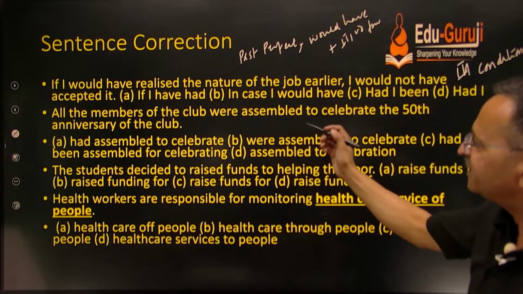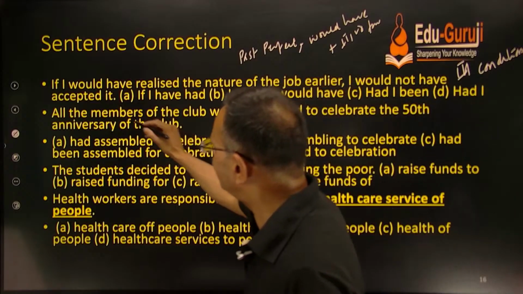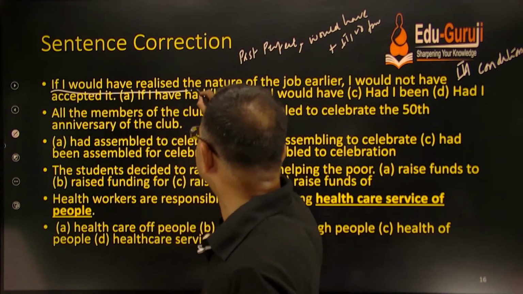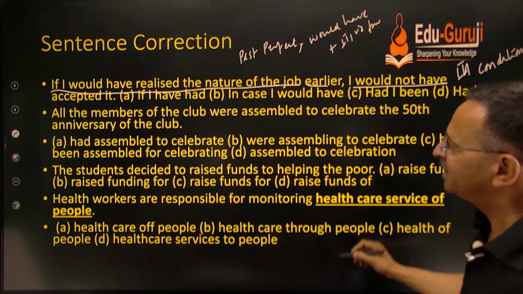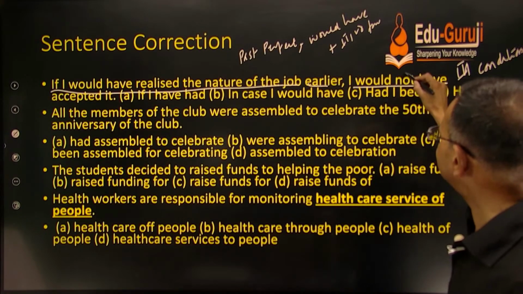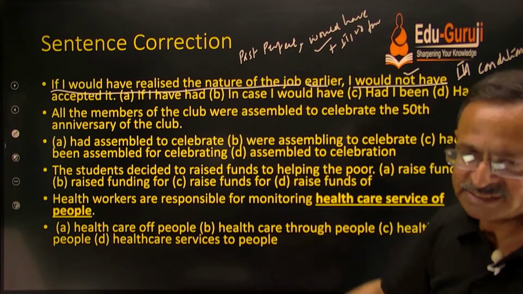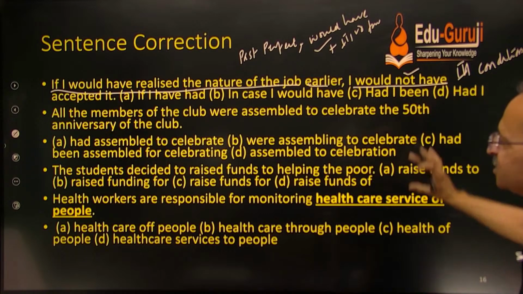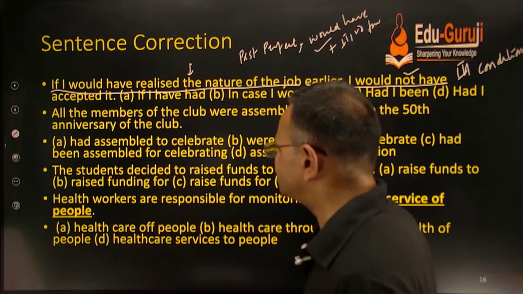So this is a complex sentence. Here they have said, "If I would have realized the nature of the job earlier, I would not have accepted." You can see this part is okay. "Would not have accepted" is quite fine. There is no problem with this. But this particular part has a problem.